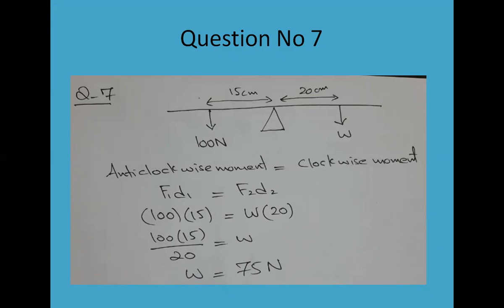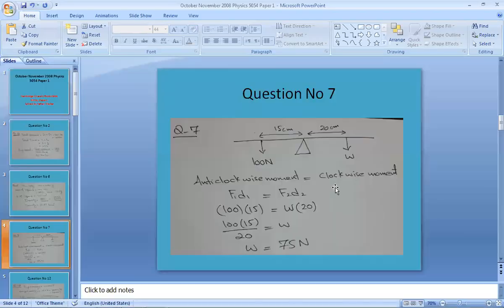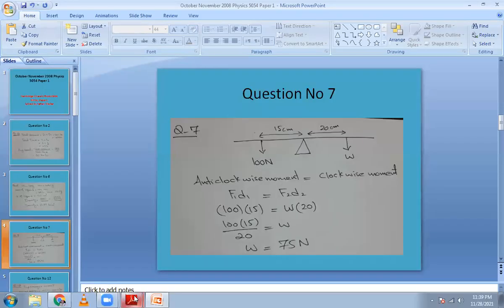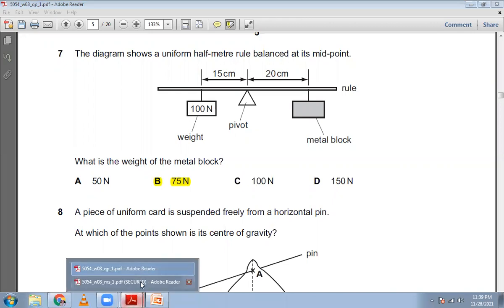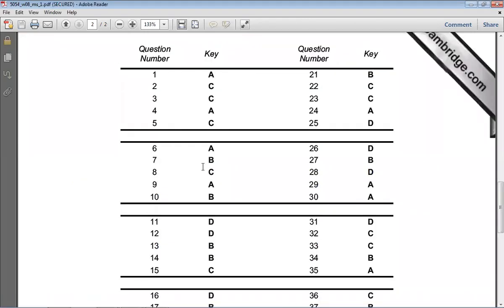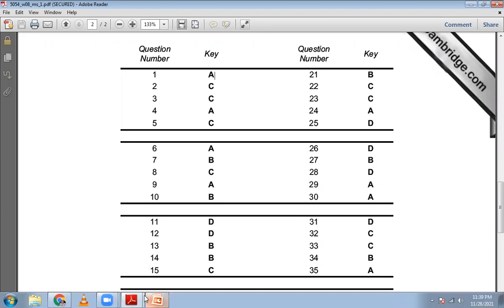So W will be 100 into 15 divided by 20, and the weight will be 75 Newton. In your calculator, enter 100 multiply 15 divided by 20 equals, and that gives you 75 Newton. So we think B is the right answer, sir. Question number 7, B is the right answer.